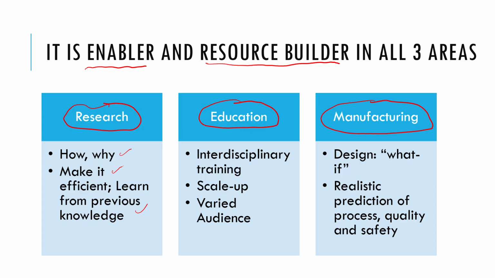In education, modeling and simulation can provide interdisciplinary training. Someone who doesn't know all the different physics details can use the simulator to essentially replicate that same physics without getting into all the details.